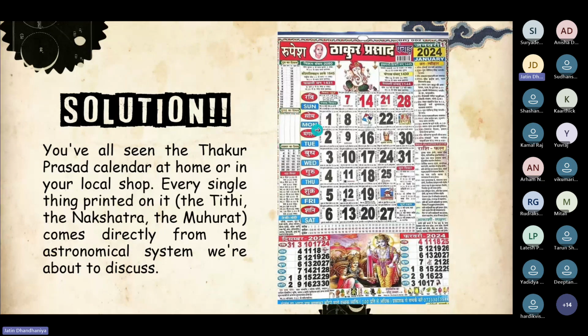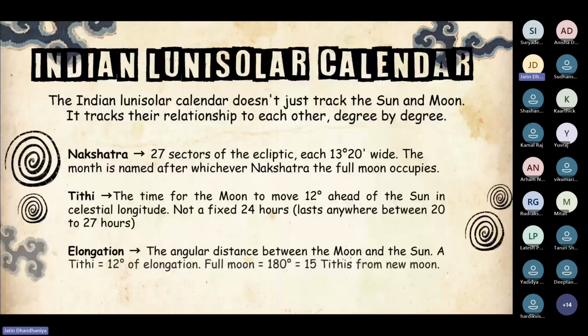Okay. So you have all seen the Thakur Prasad calendar at home or in your local shop. Every single thing printed on it, the tithi, the nakshatra, the muhurat, comes directly from the astronomical system that we are about to discuss. The Indian lunisolar calendar. It doesn't just track the sun and moon, it tracks their relationship to each other, degree by degree.